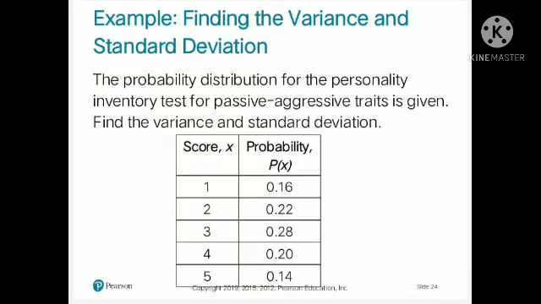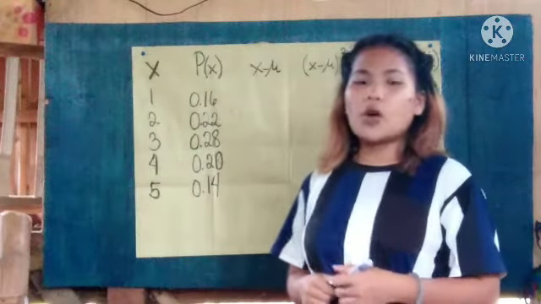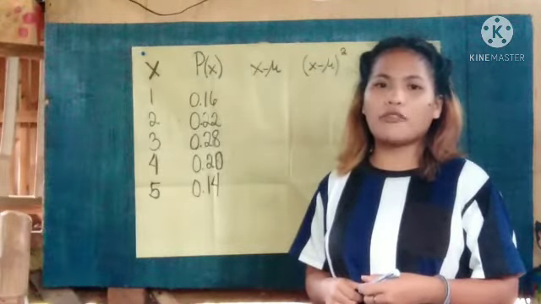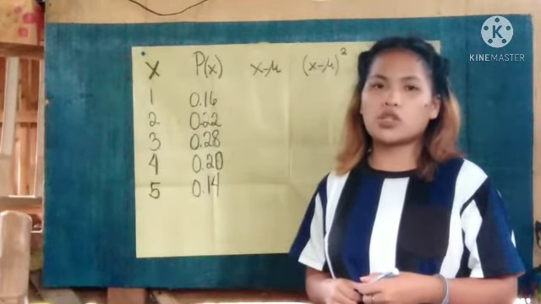So we have here an example to find the variance and standard deviation. The probability distribution for the personality inventory test for passive-aggressive trait is given. Find the variance and standard deviation.